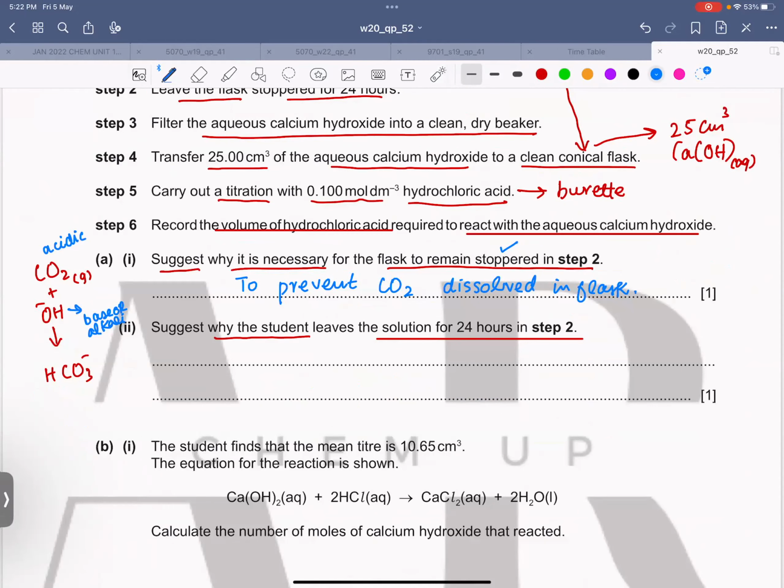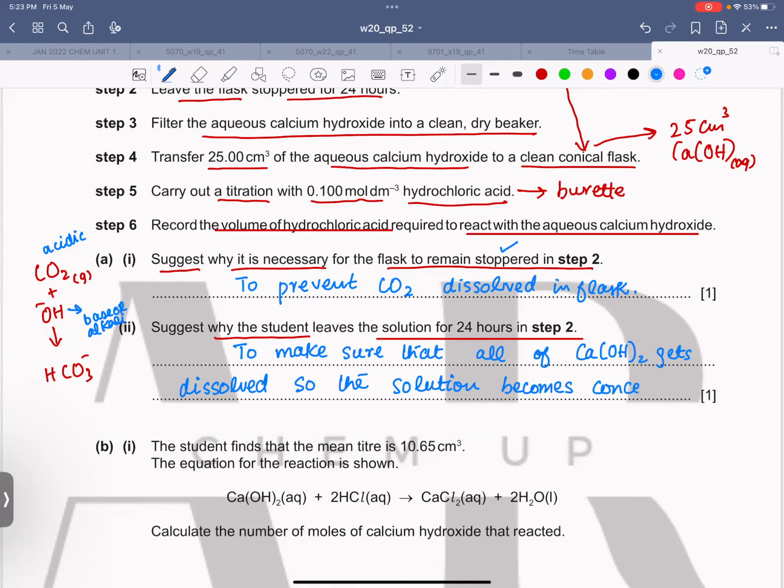So we can say that to make sure that all of the calcium hydroxide gets dissolved, so the solution becomes concentrated.